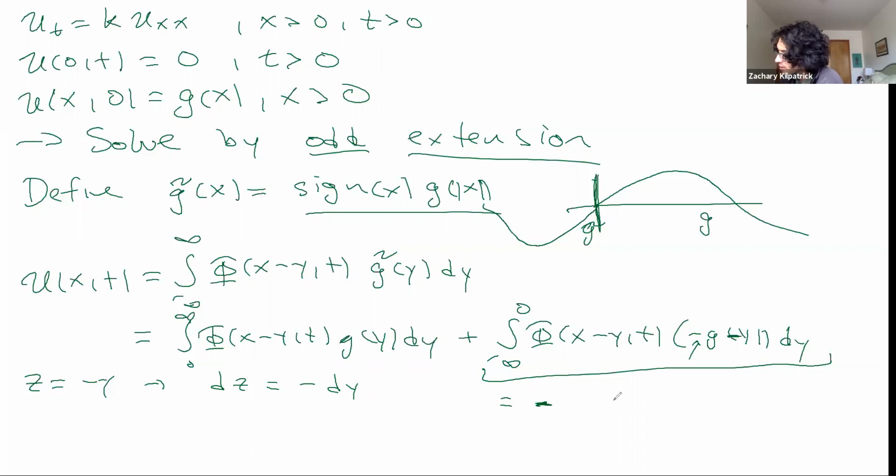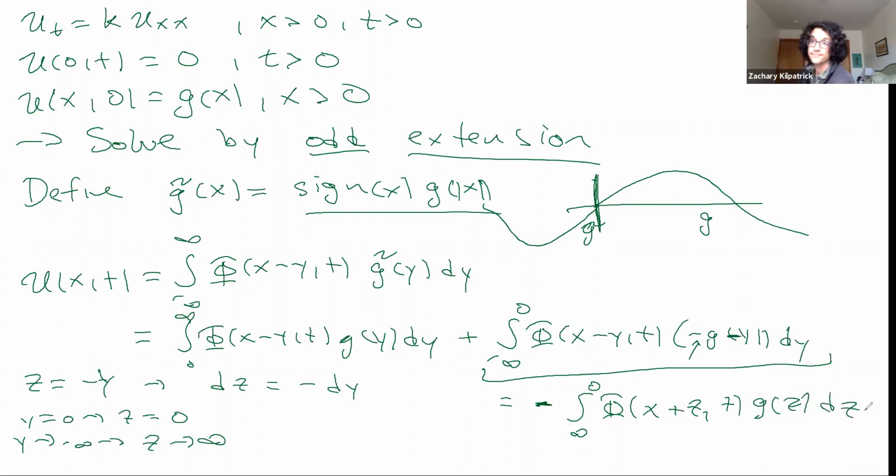If y equals 0, then z equals 0, and as y goes to negative infinity, z goes to infinity. So I end up with an integral from infinity up to 0. Then z equals minus y means I have phi of x plus z, t here, and my g of minus y is just g of z, dz. So that was the step in between.